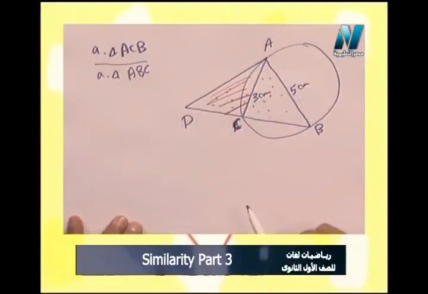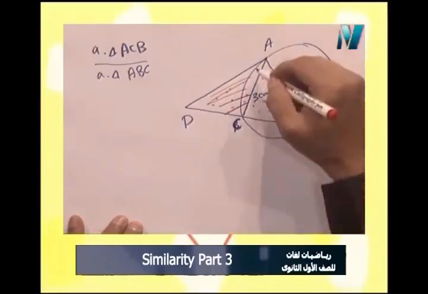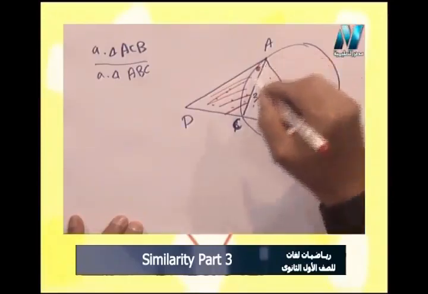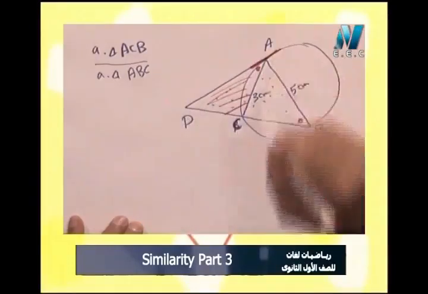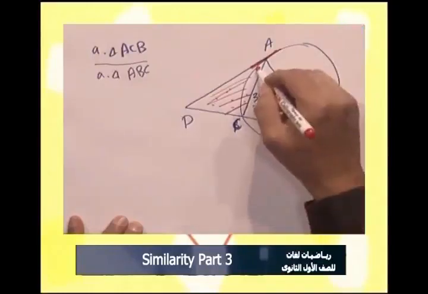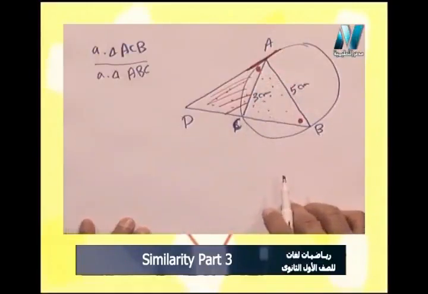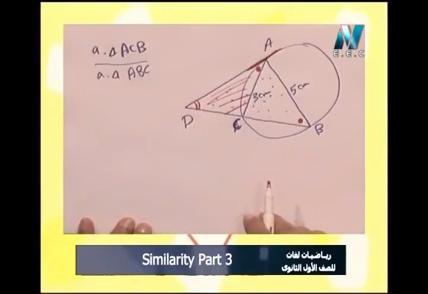So we know that the measure of this angle equals the measure of this angle. Why? Because this AD is a tangent here, so the interior angle equals the angle of tangency. And we have D, a very important angle for us.